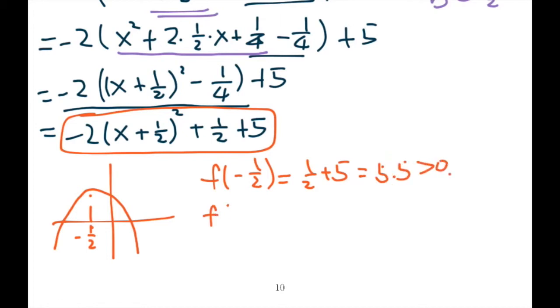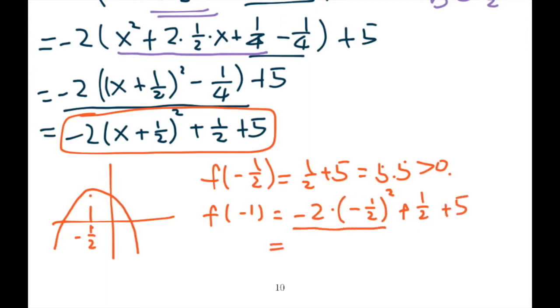And then we check the endpoint, and that is -2 times (-1 plus 1/2) squared, that is (-1/2) squared, plus 1/2 plus 5, and this part is equal to -1/2 plus 1/2, and we have 5.